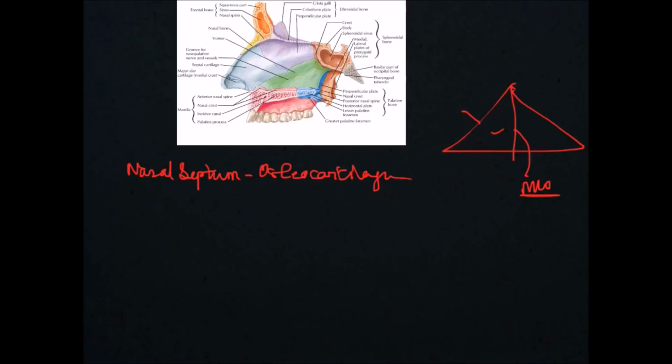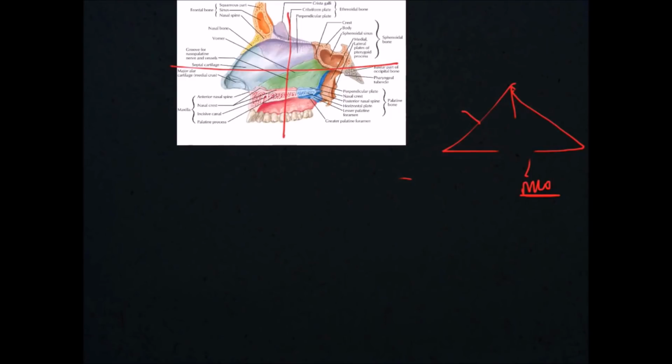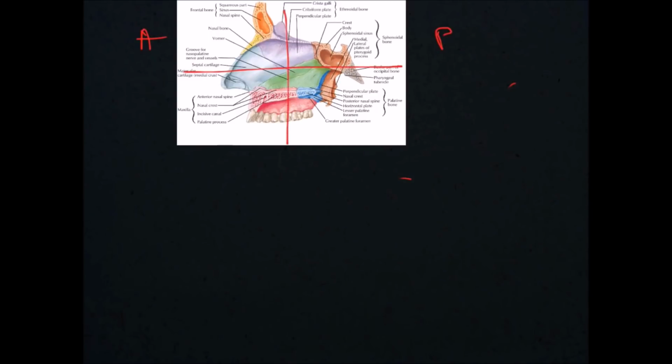From the diagram you can see that it is divided into 4 quadrants. Sorry for the rough diagram. This is anterior, this is posterior, this is superior, and this is inferior. So this is antero-superior, antero-inferior, postero-superior, and postero-inferior.